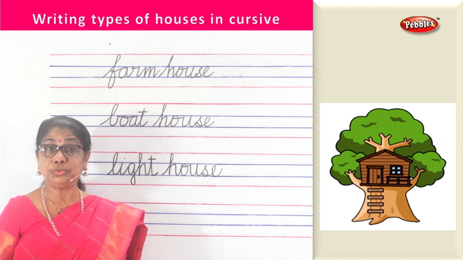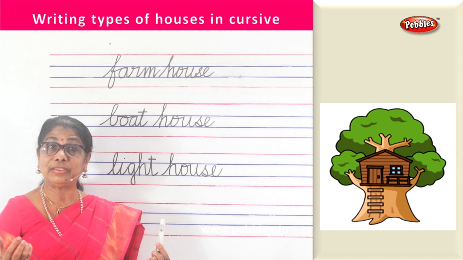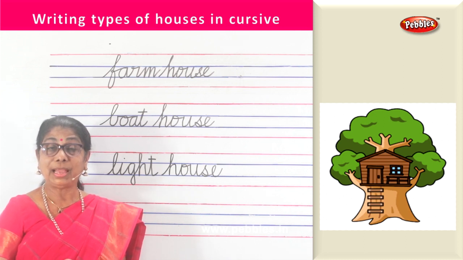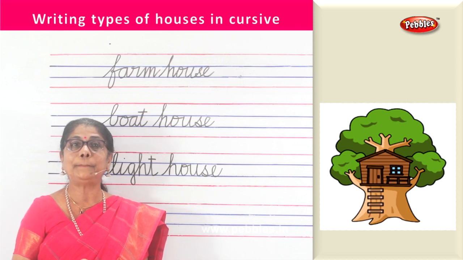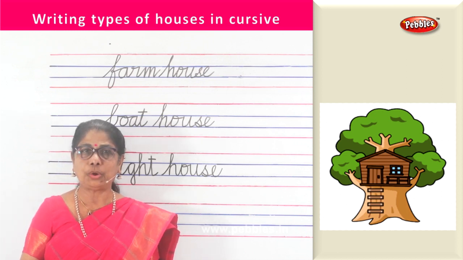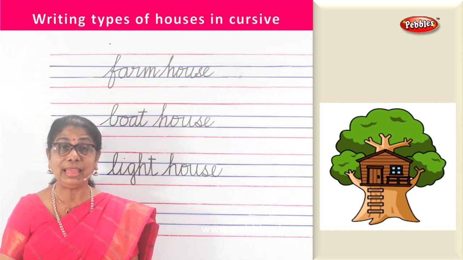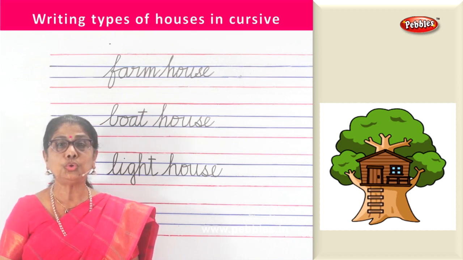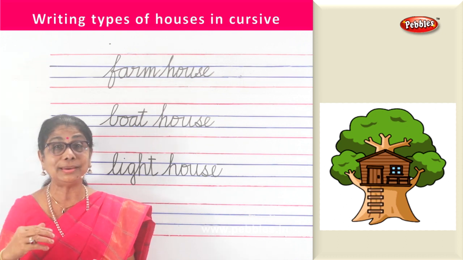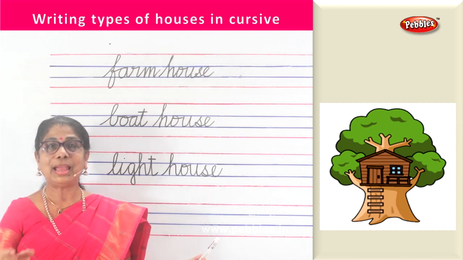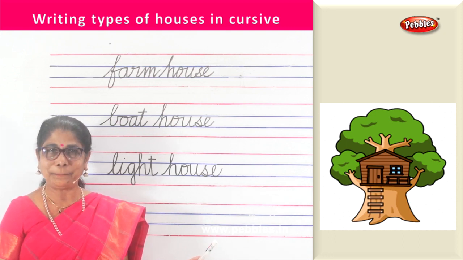There are tree houses in Kerala and other parts, wherever there is forest. Tourists come there and stay to enjoy the place. Since the houses are built on the tree, it's called a tree house. There are huge ladders that you can climb up.